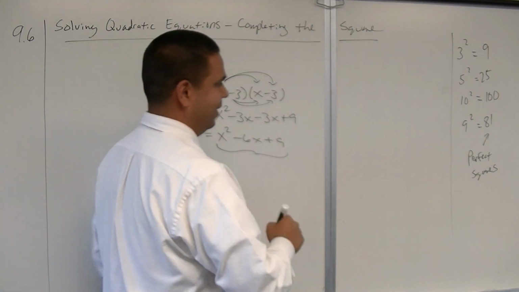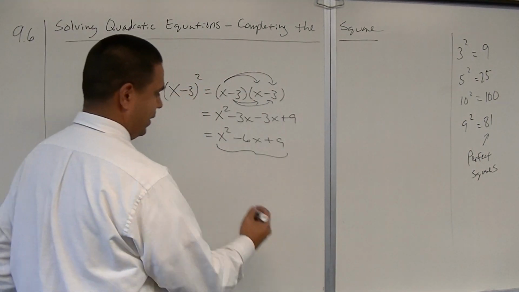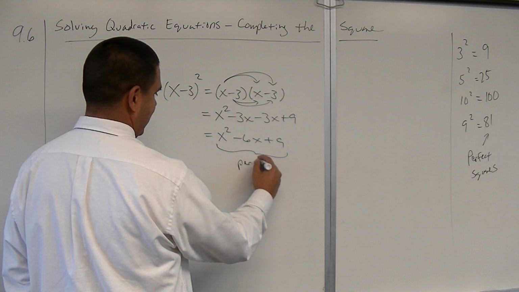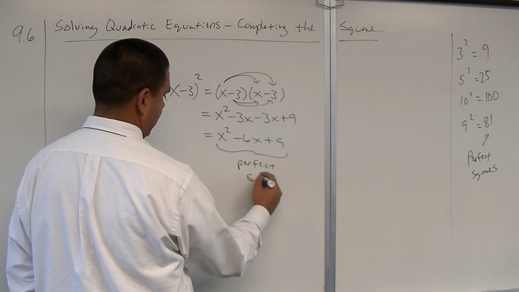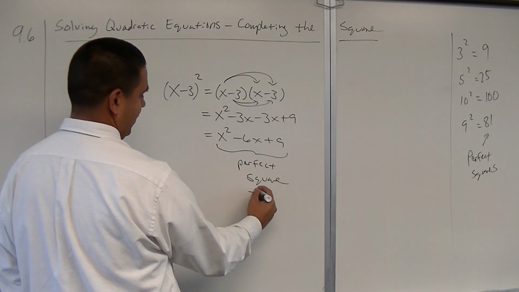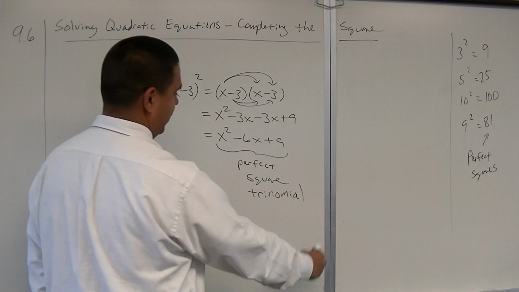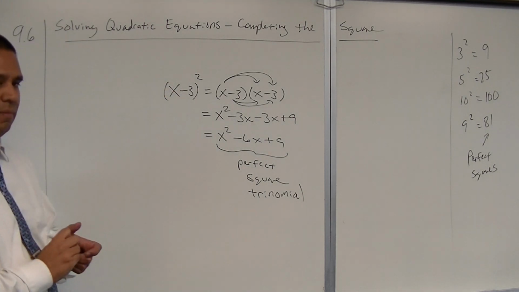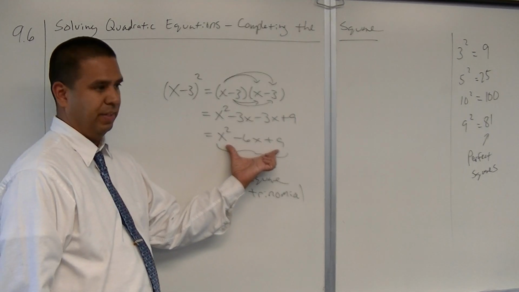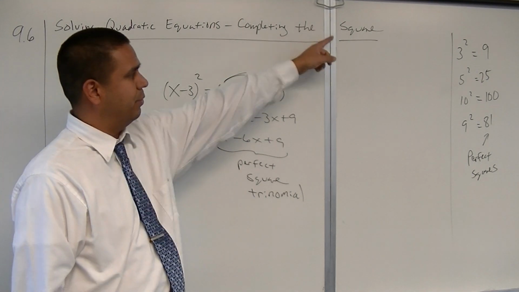What would we call that? A perfect square trinomial. So this is what we're after when we learn how to complete the square.